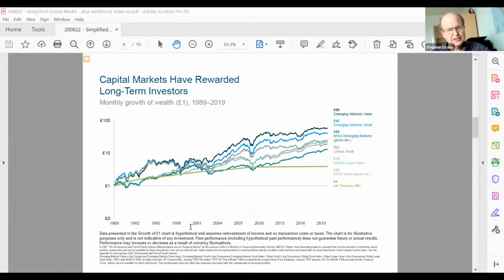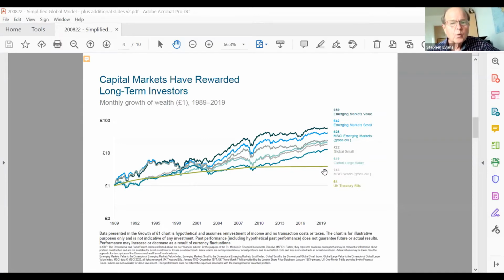And this chart shows since 1990, so 30 years, how if you had invested in treasury bills the whole time with income reinvested, you would end up with £4 after 30 years.